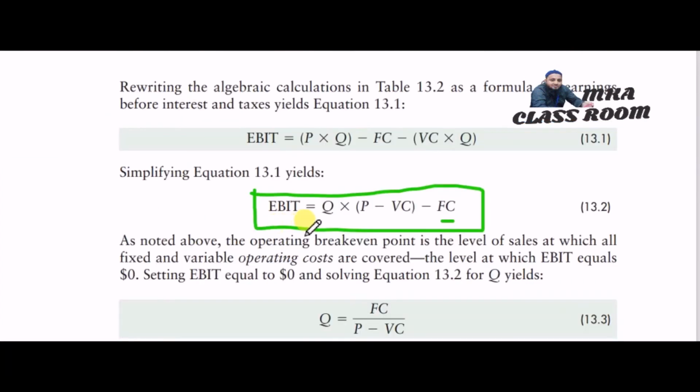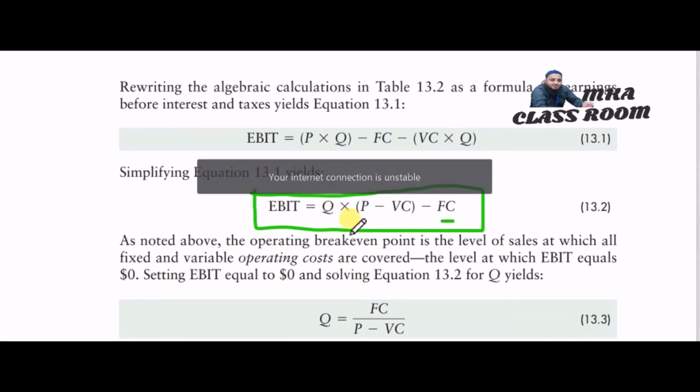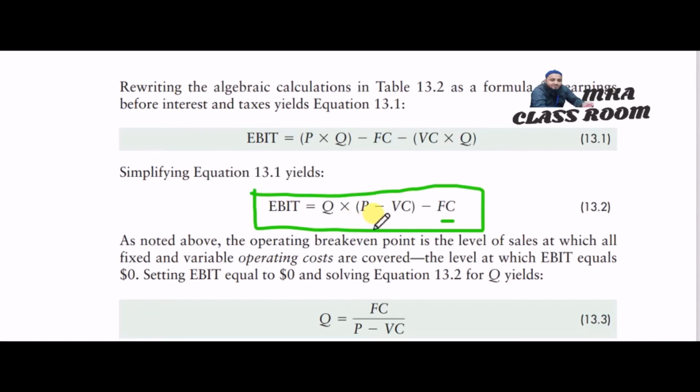EBIT equals Q into P minus VC minus FC. Actually this is the formula for our EBIT, and it is derived from sales revenue, P the price per unit into quantity, less fixed operating cost and variable operating cost per unit into quantity.